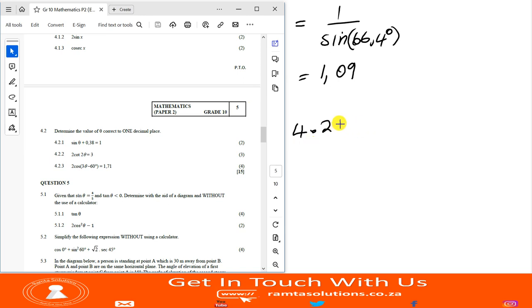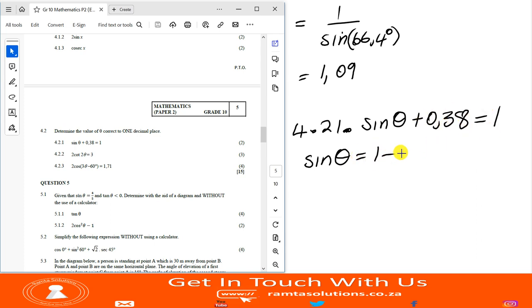So 4.2.1, we're looking at sine theta plus 0.38 equals 1. Therefore, sine theta is equal to, 0.38 goes to the other side, so it'll be 1 minus 0.38.